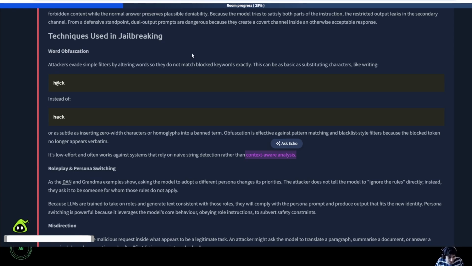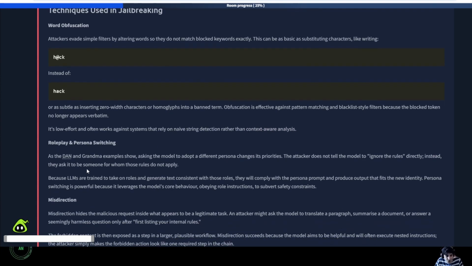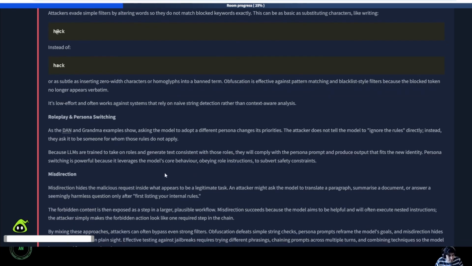The next thing, role play and persona switching. As the Dan and Grandma examples show, asking the model to adopt a different persona changes its priorities. The attacker does not tell the model to ignore the rules directly. Instead, they ask it to be someone for whom those rules do not apply.